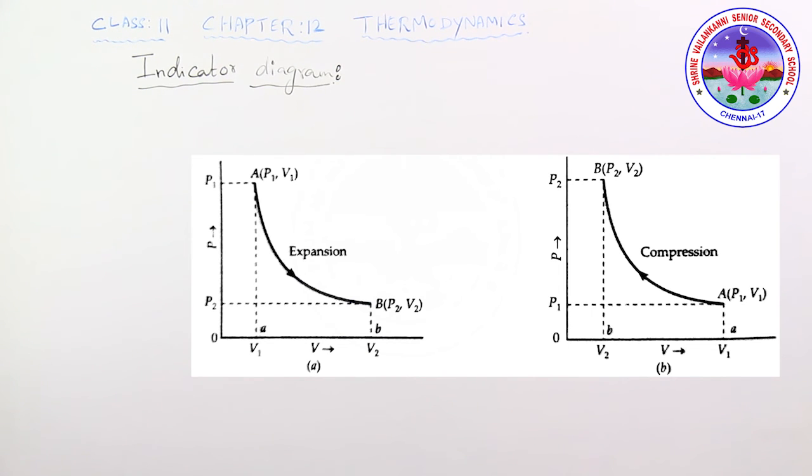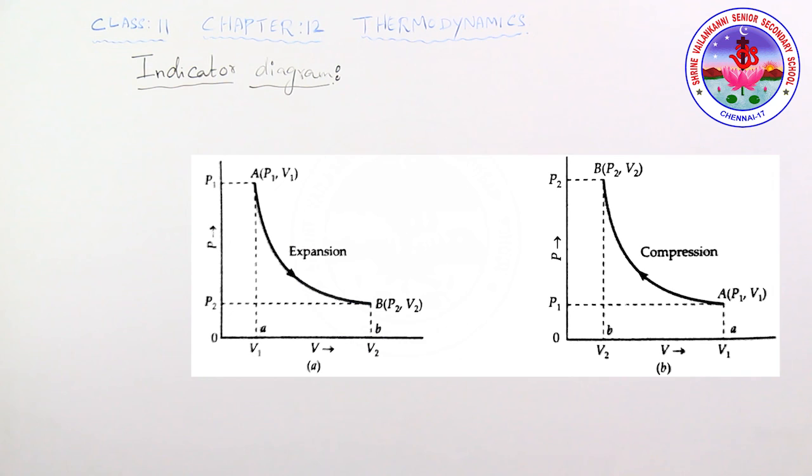Now, the two different diagrams on the screen, right? These are the PV diagrams of two systems undergoing expansion and compression respectively. The first diagram shows the expansion, and the second diagram, which gives the relation between pressure and volume, shows the graphical representation of the compression of a material.